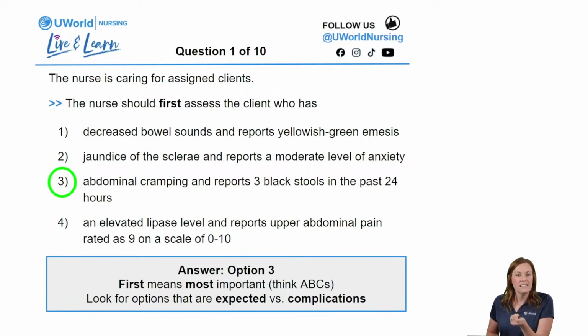I know a lot of you guys put option 4 as your answer. What we see there are expected findings of pancreatitis. That's what we would expect to see, a lot of pain, but we don't expect to see a GI bleed with abdominal cramping. That's going to alert us that there's something more serious going on. For GI bleeds, we can have upper GI bleeds and lower GI bleeds.